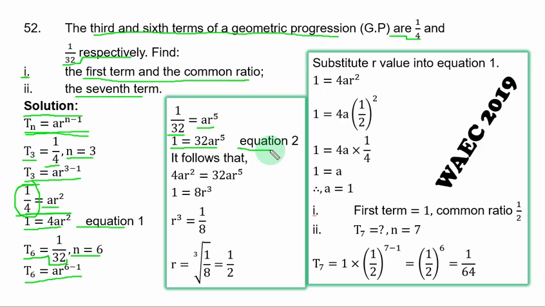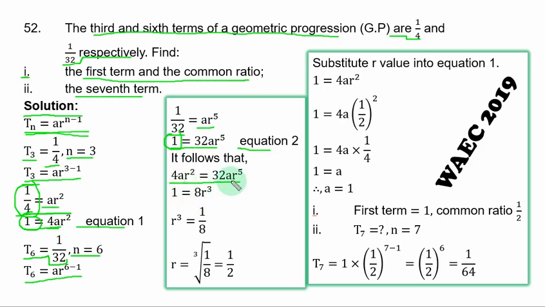If you check both equations, they have the same left hand side, 1, 1. By implication, the right hand sides are also equal. Therefore, you have 4a r squared equal to 32a r power 5. Here, if you divide through by 4, here becomes 1, here is 8.